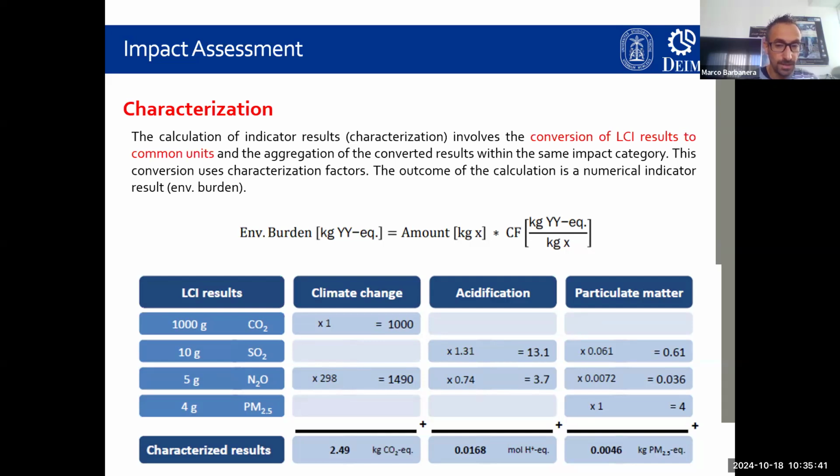In the same way, we can replicate the same consideration for the other impact categories. So for each impact category, we have to define the characterization factors for each substance, for each emission.